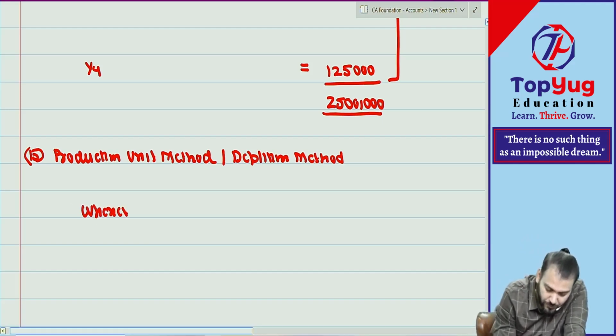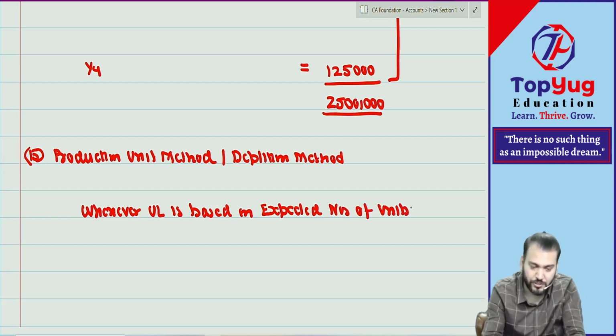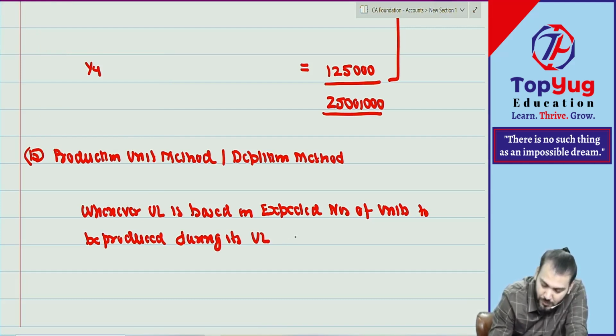Whenever useful life is based on expected number of units to be produced during its useful life, then apply which method? Production unit method, PUM.